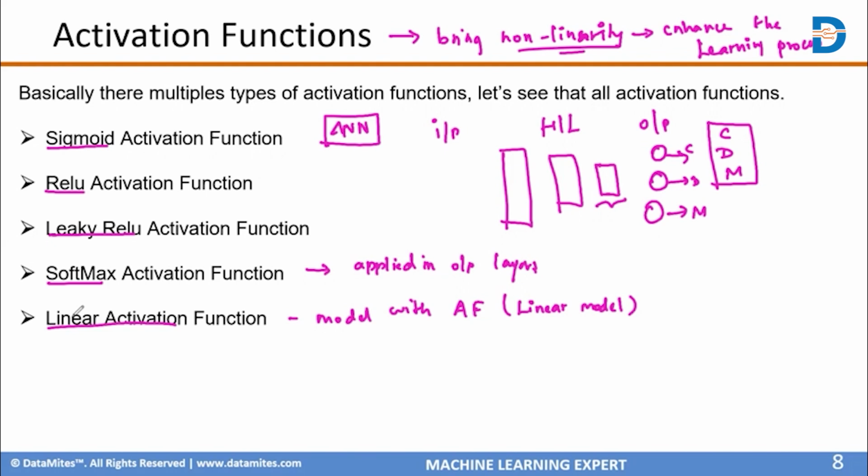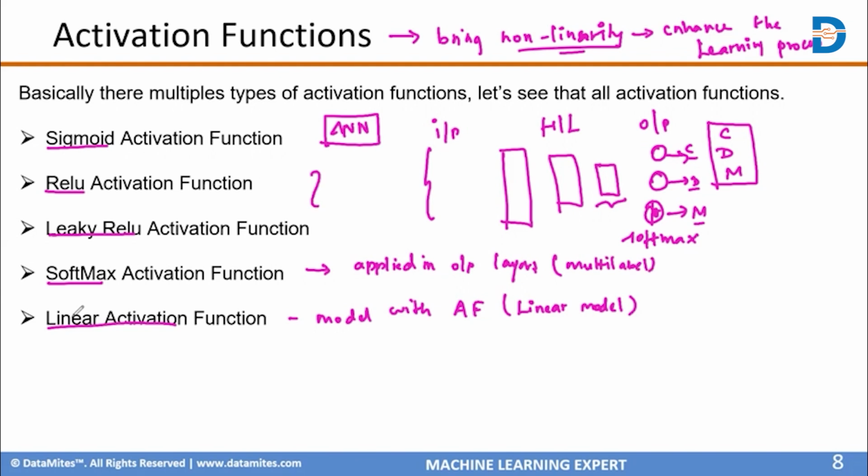Now you want to decide, for the given inputs of different features, which may be pixel information, whether it's a cat, dog, or monkey. In such a case, the neurons in our output layer will have an activation function, and for that we'll be applying softmax. It is applied in our output layers and mainly deals with multi-label classification, which means more than two groups.